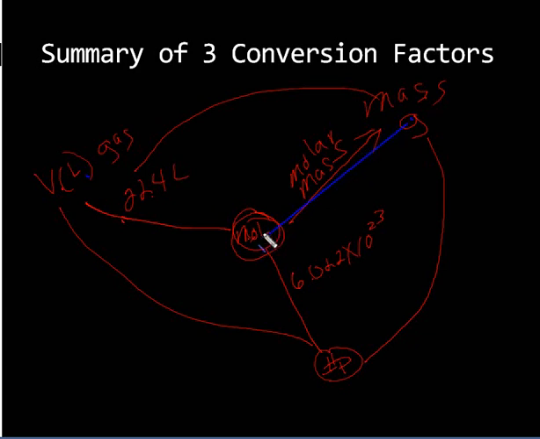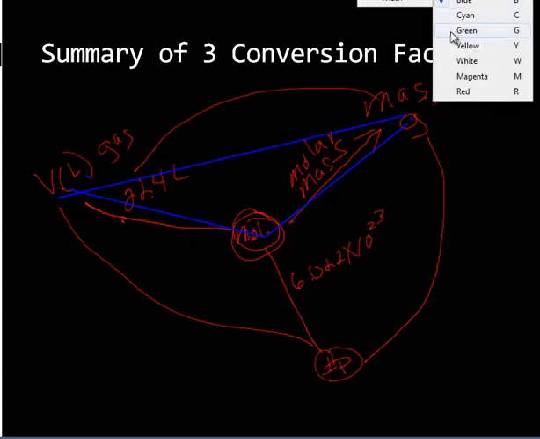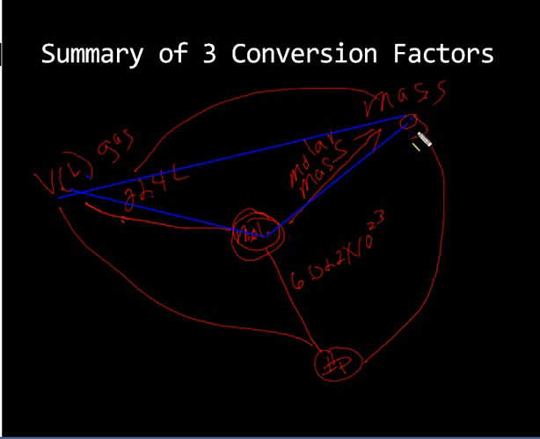So I have to do this and this. I cannot go direct. Same thing if I wanted to go from mass to particles. I cannot do it directly. I need to go from mass to moles and moles to particles. So I always have to go through moles.